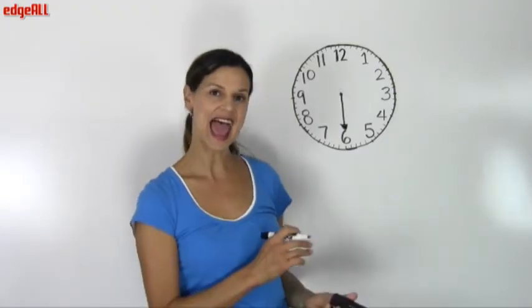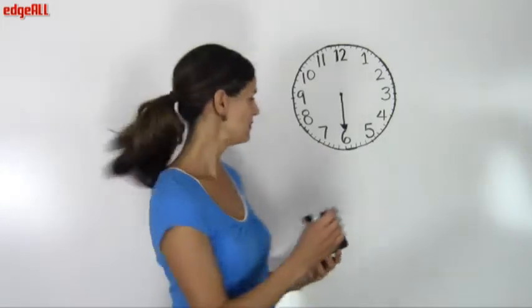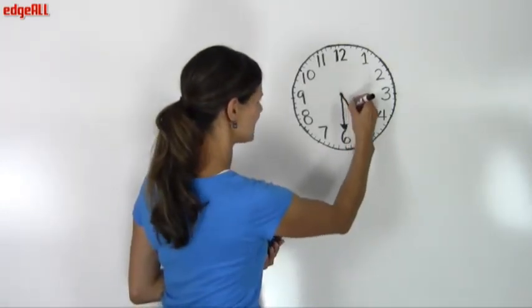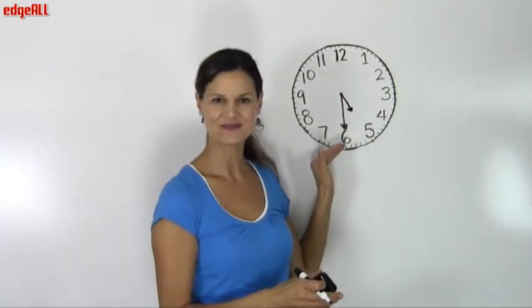And then the hour hand that we talked about before will be halfway between the 5 and the 6 to indicate that it is 5:30.